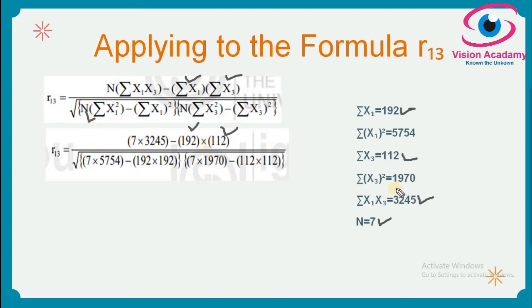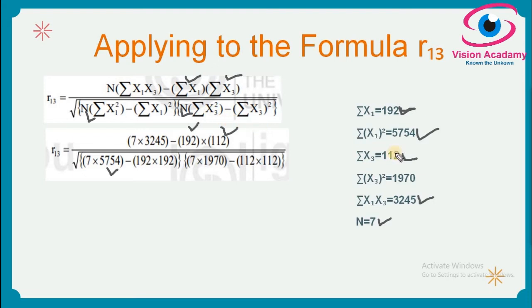Summation x1 square is 5754, and summation x1 whole square is 192 into 192.